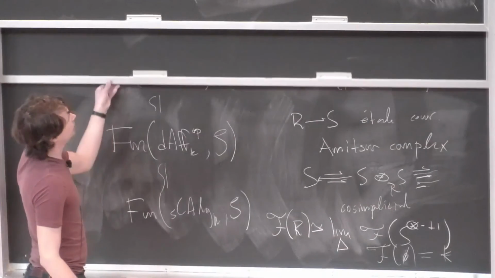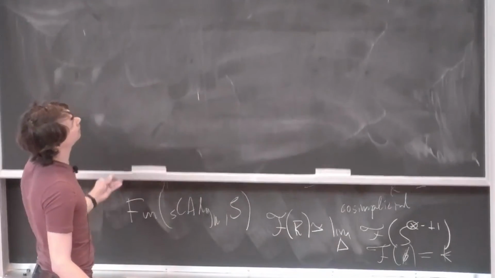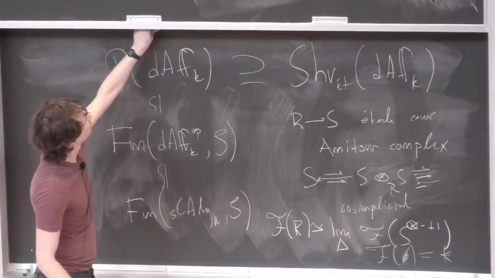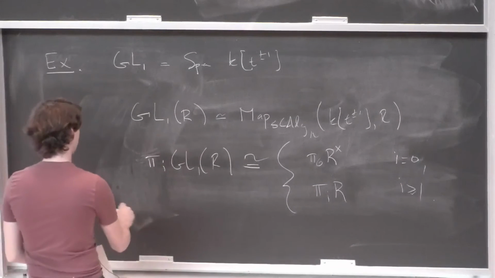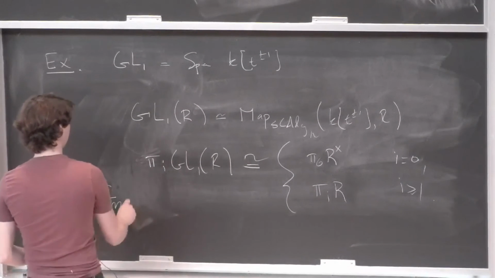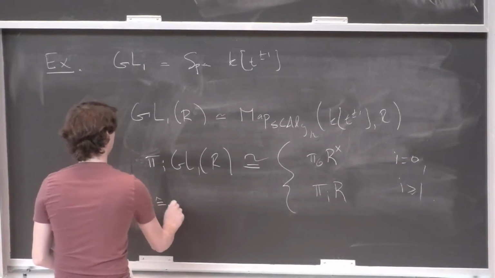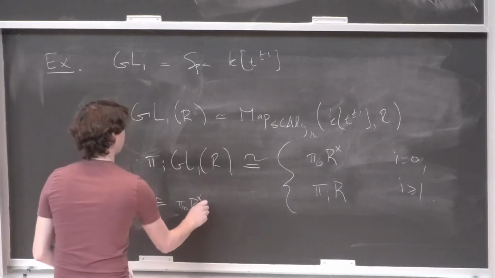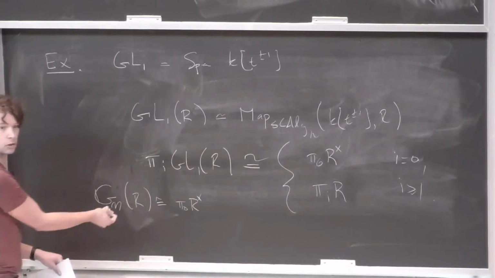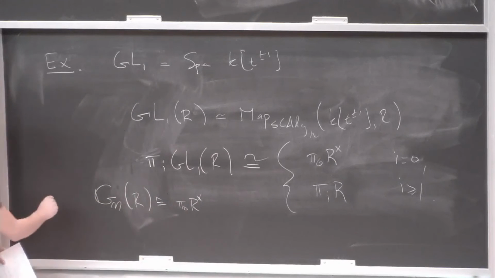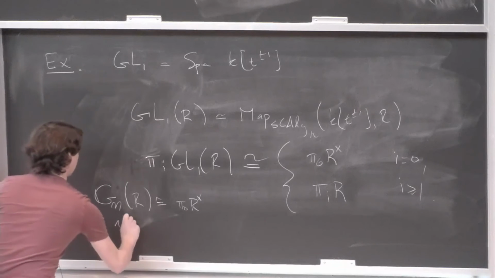So this is important. I'm writing GL1 here as opposed to GM, for the following reason. There's another functor, GM of R, which just takes values in sets, which I can define to be the units of pi 0 R. And as an exercise, this is an étale sheaf, but you can prove it's not geometric.